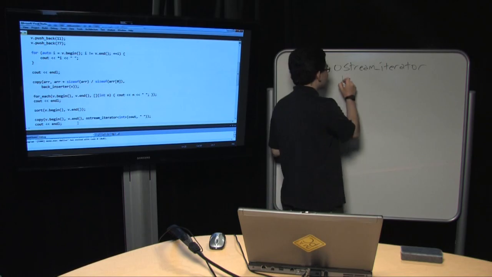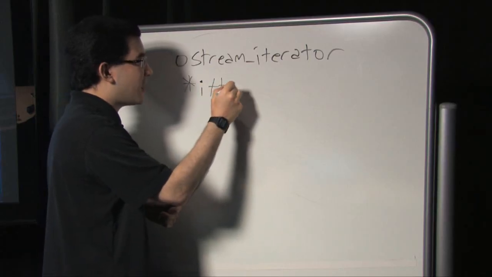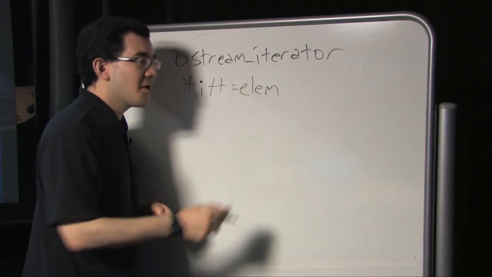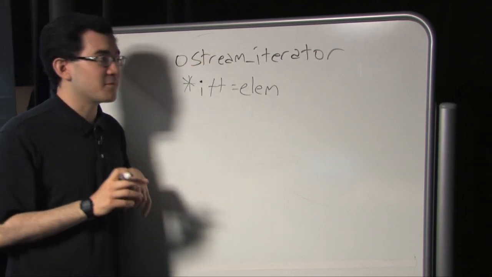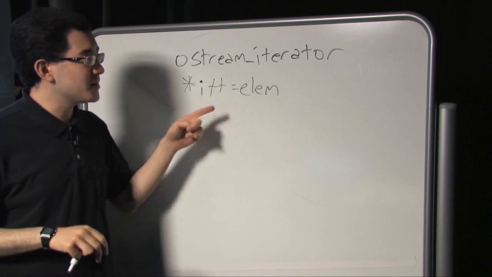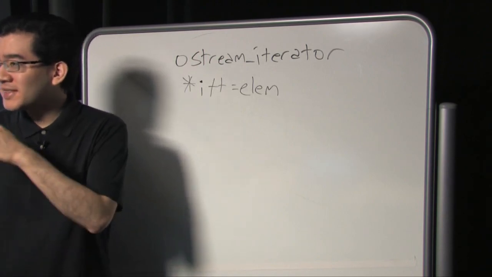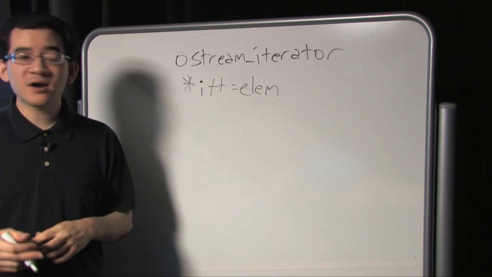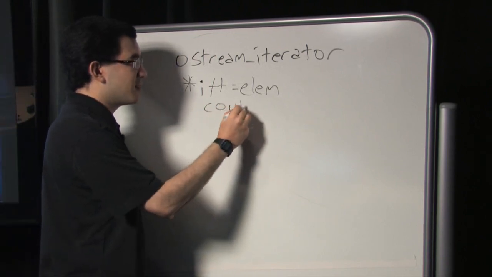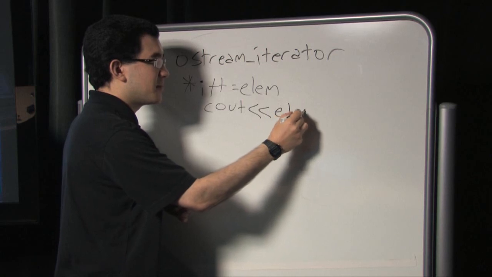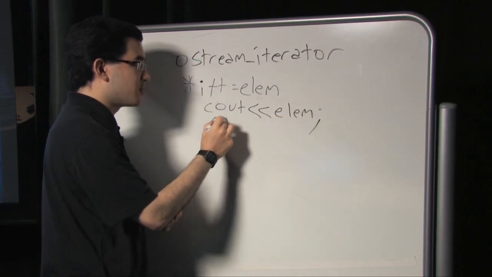Whenever the STL writes something like dereference i++ equals elem, what this is going to be translated into is this iterator is going to be informed, okay, I'm writing an element to you, and instead of actually putting that into a sequence or calling push_back or whatever, it's going to send that to cout. So it's going to execute cout left shift elem, and then it's going to also print out the delimiter.